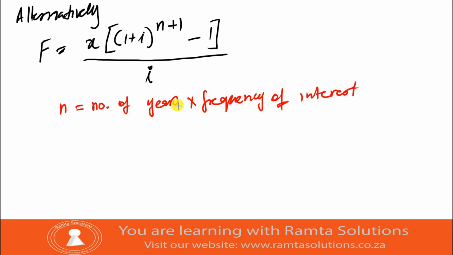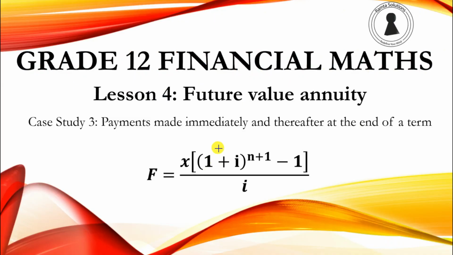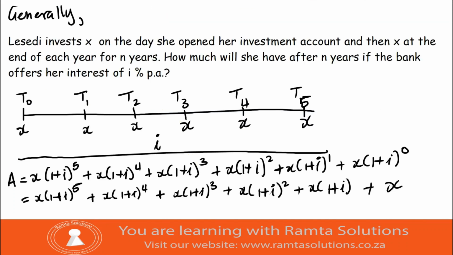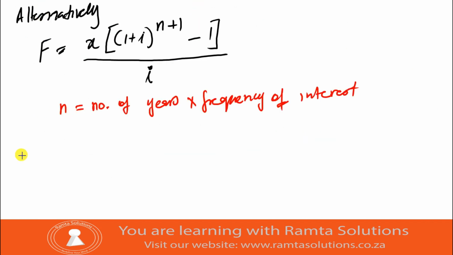If it's saying per week, it'll be 52. If it's saying per quarter, it'll be times 4, just like that. So this is the formula that you need to be aware of. Whether you use it in this way or in the normal way that you know, you will still be okay. So let us verify these formulas.